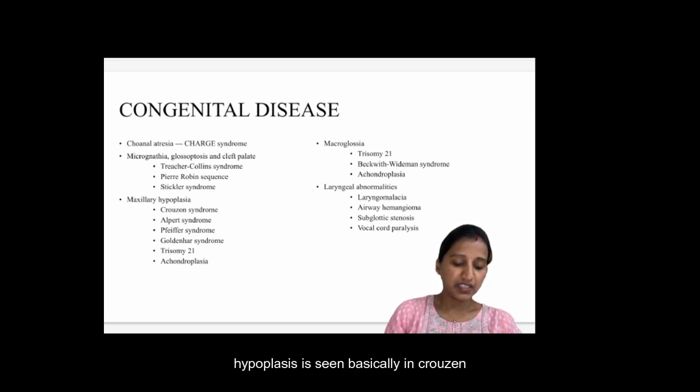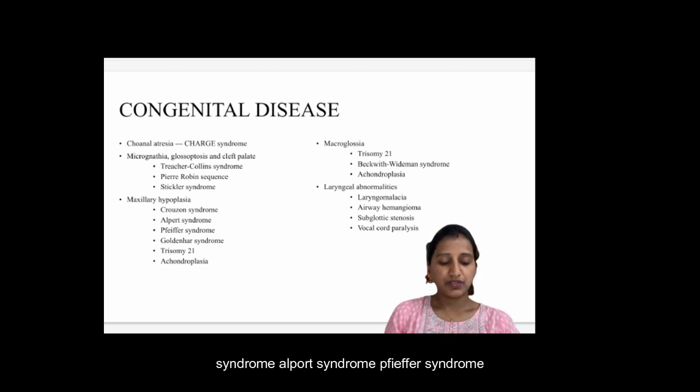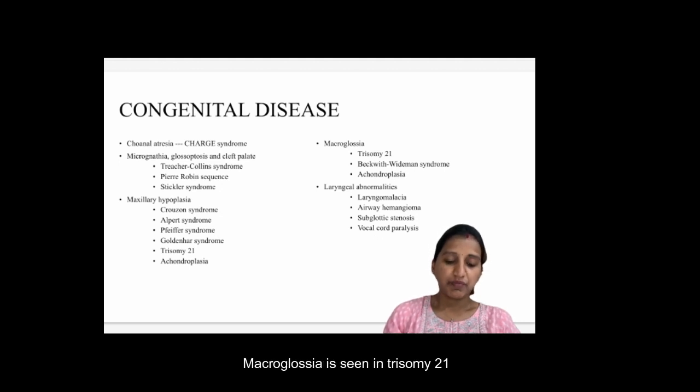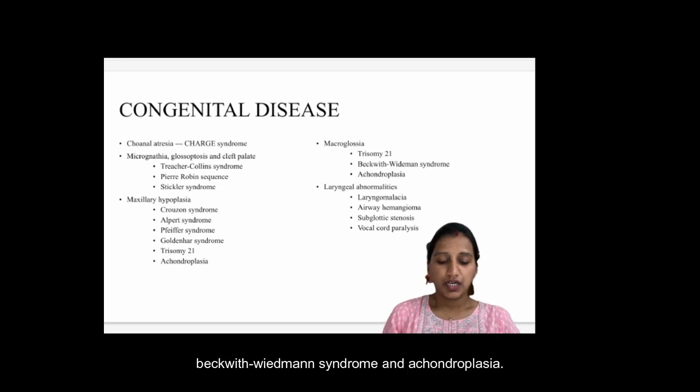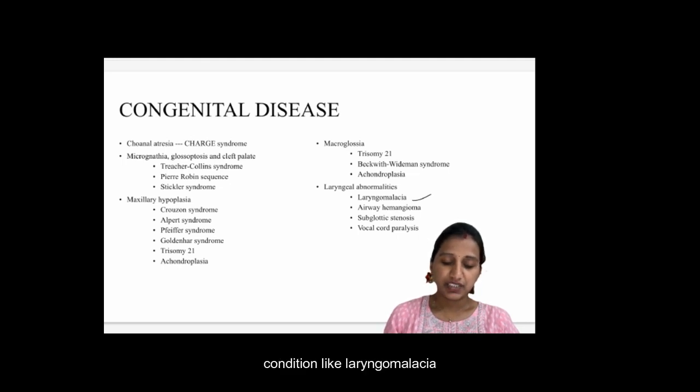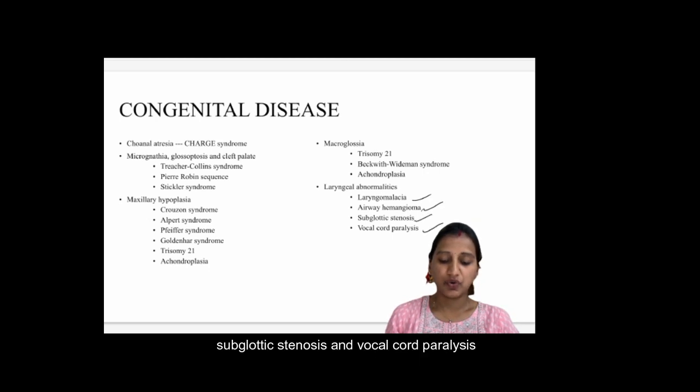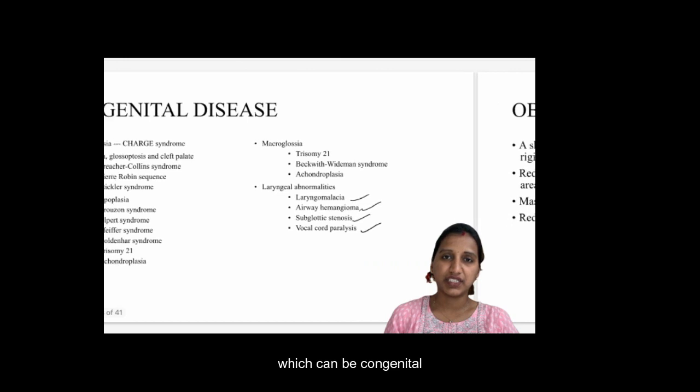Maxillary hypoplasia is seen basically in Crouzon syndrome, Apert syndrome, Pfeiffer syndrome, Goldenhar syndrome, and trisomy 21. Macroglossia is seen in trisomy 21, Beckwith-Wiedemann syndrome and achondroplasia. Laryngeal abnormalities can also be seen in conditions like laryngomalacia and other conditions like airway hemangioma, subglottic stenosis, and vocal cord paralysis, which can be congenital.